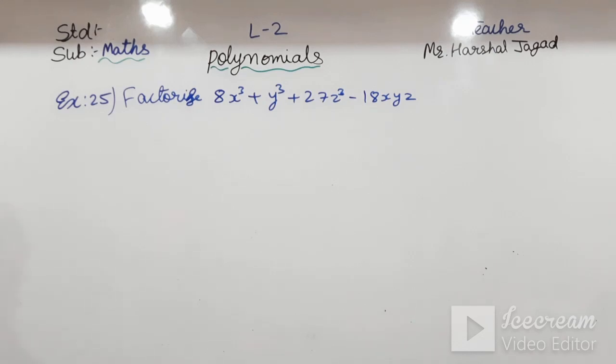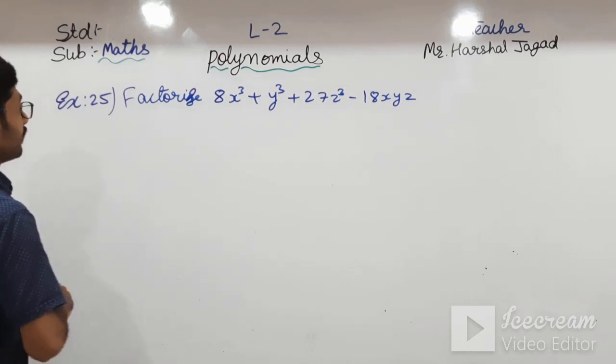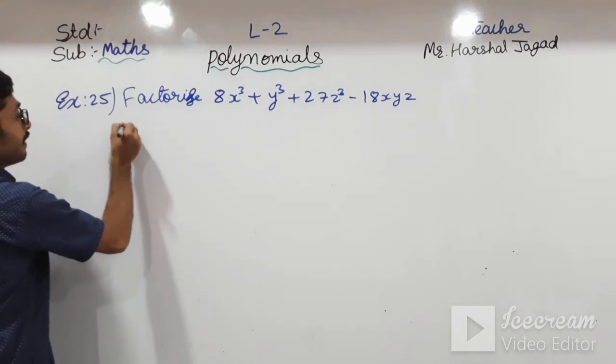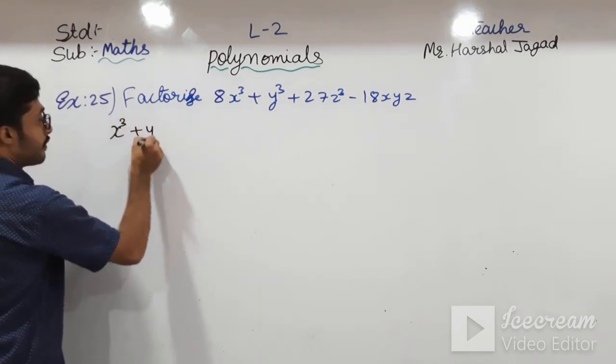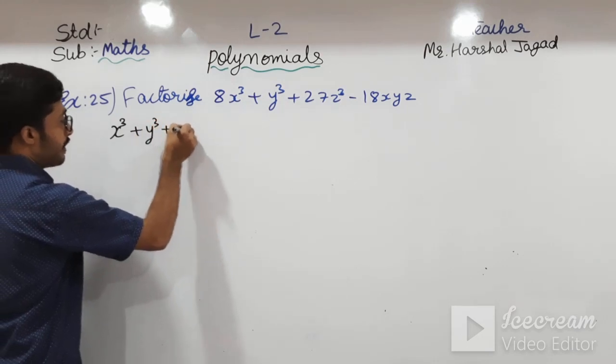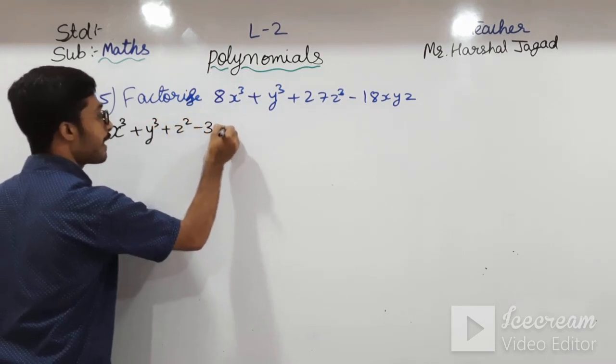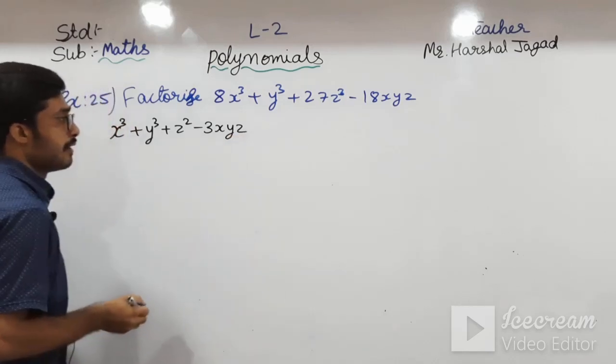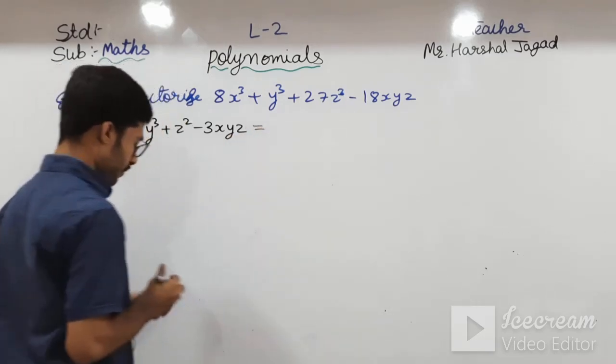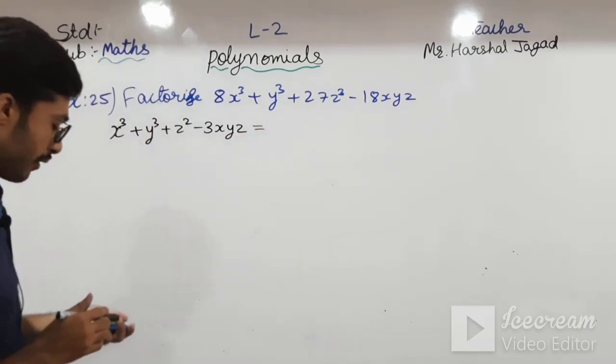So first of all we will write the identity number 8. What was it? x cube plus y cube plus z cube minus 3xyz is equal to, first of all students, write down by your own.